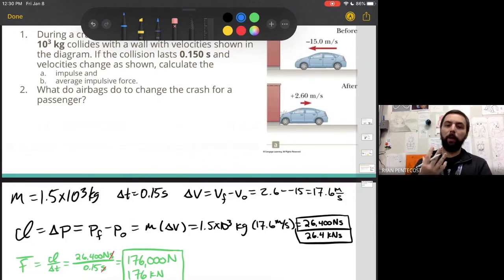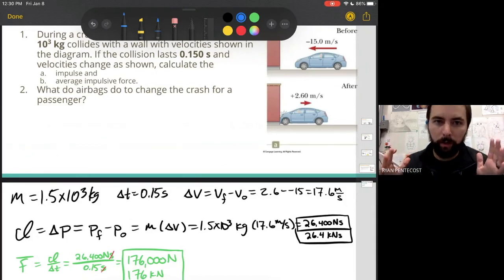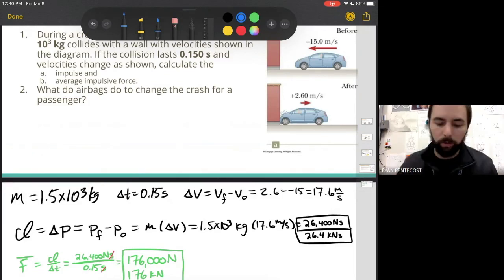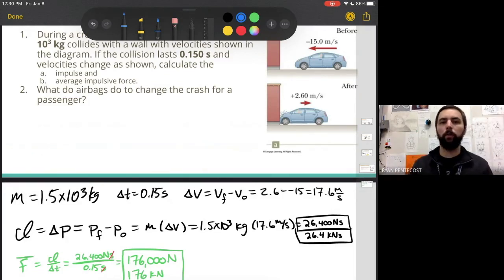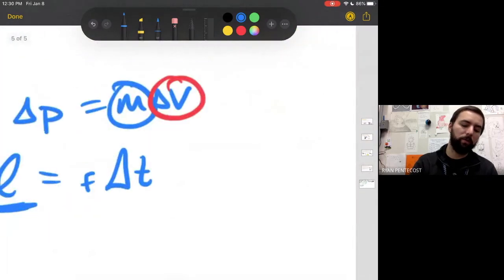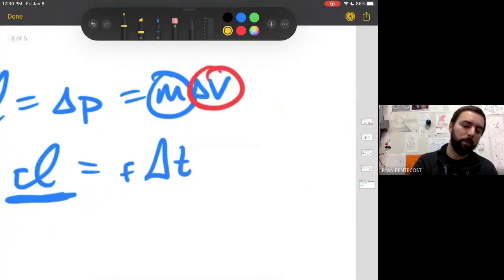As the airbag comes out, it allows you to gradually slow down as you go into the airbag, whereas if you just go onto the solid steering wheel, that's going to cause a sudden stop. So the seatbelt slows you down, and the airbag slows you down over a much longer period of time, which decreases the force felt, as we can see with this little guy right there.